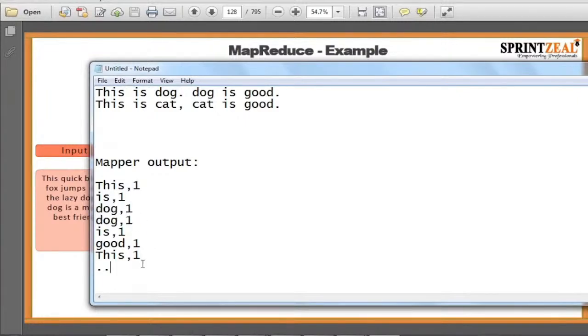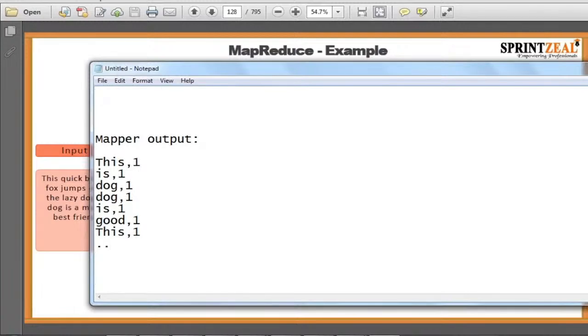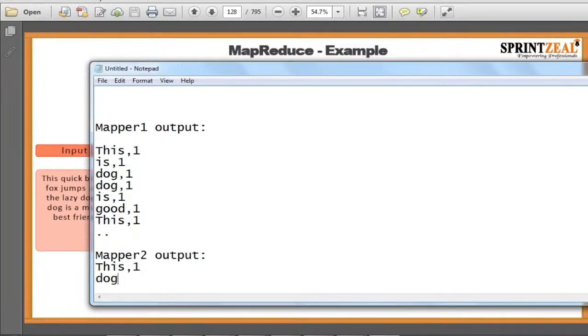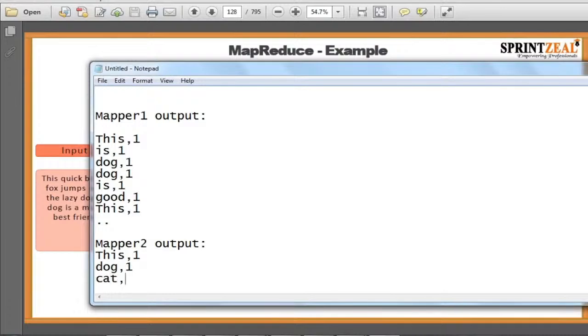Let's say this is one line, and the second line is, let's say, this is the mapper 1 output. And then the mapper 2 output looks like this. Over here also, let's say I have dog 1 and cat 1.